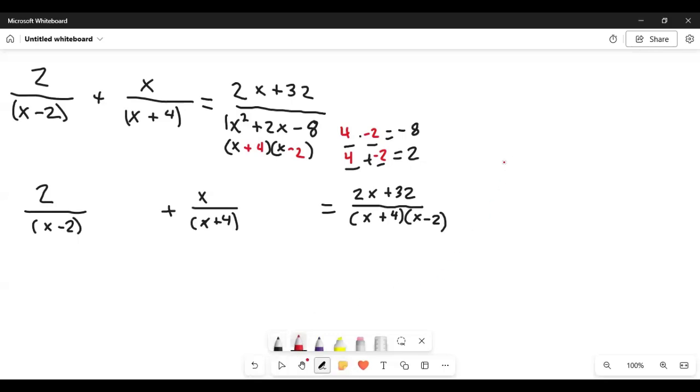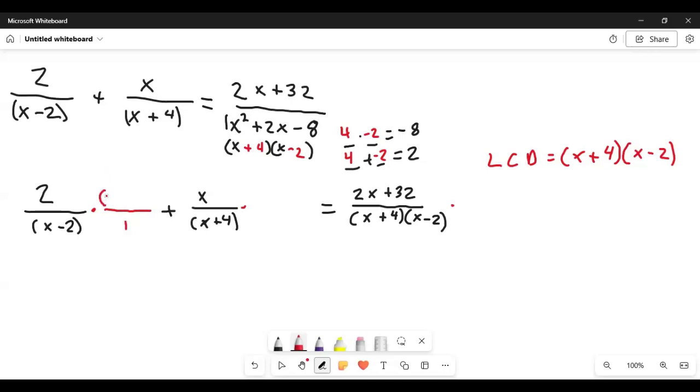Now, we want to find the LCD of those three fractions. Two of the fractions have an x plus 4 in the denominator, so we need an x plus 4 in the LCD. Two of the fractions have an x minus 2, so we also need an x minus 2 in the LCD. And now we are going to take every fraction and multiply it by the LCD over 1.